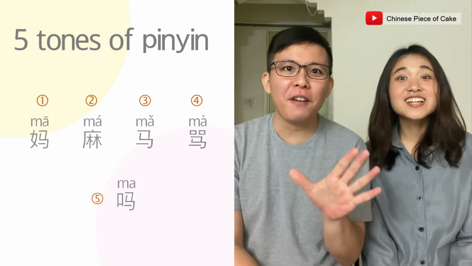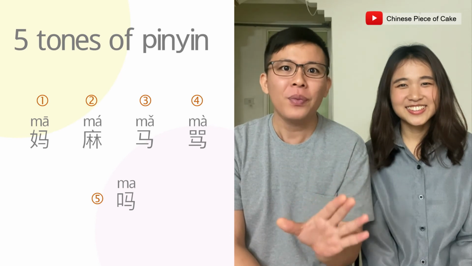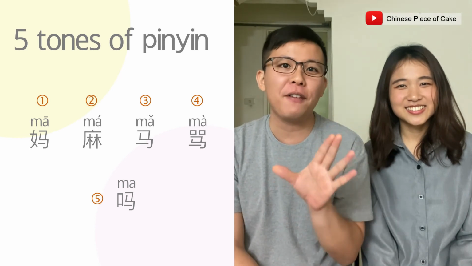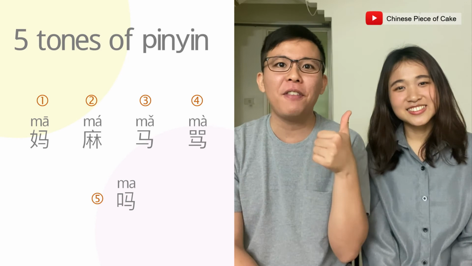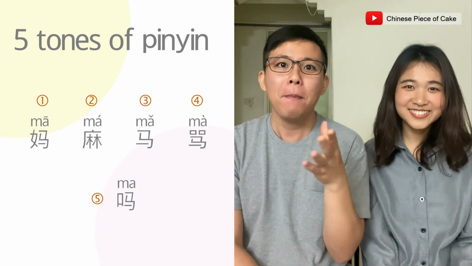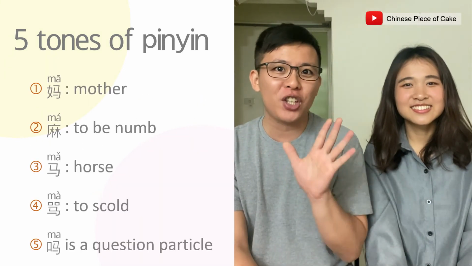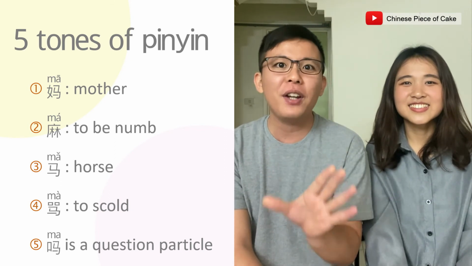Now there are 5 Chinese characters on the screen, and we can see that all of these 5 Chinese characters have the same initial and the same final, but their tones are totally different. And all of these 5 Chinese characters have different meanings.